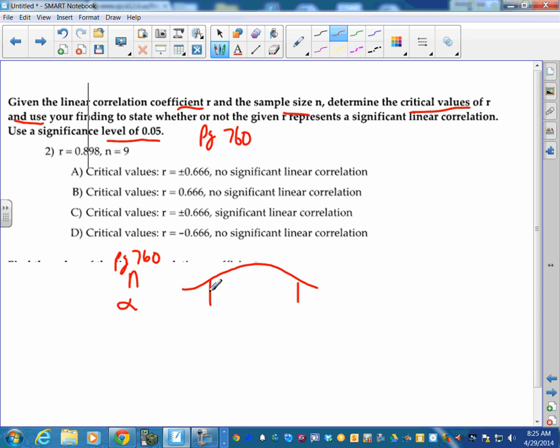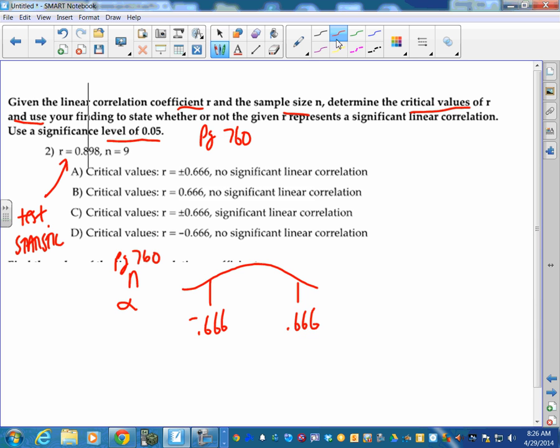What are the critical numbers if N is 9 and alpha is 0.05? Negative and positive 0.666. So if you have your test statistic of 0.898, where will that fall in the region?